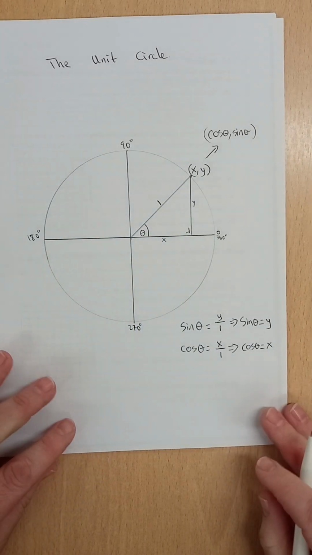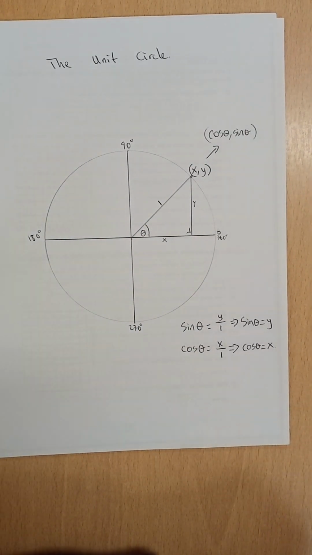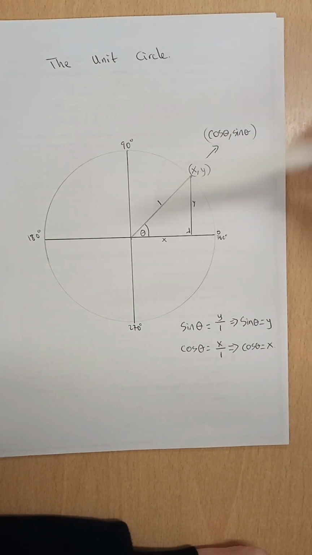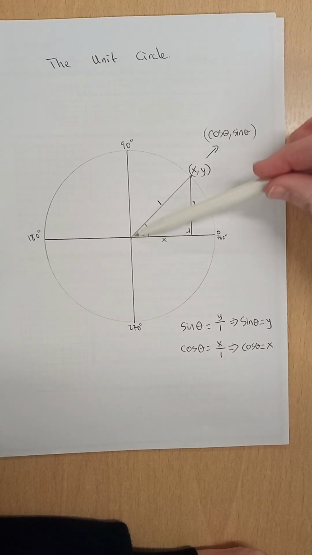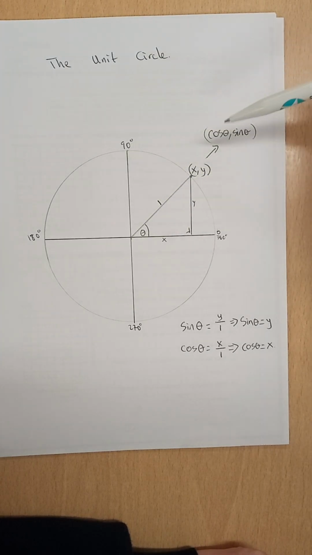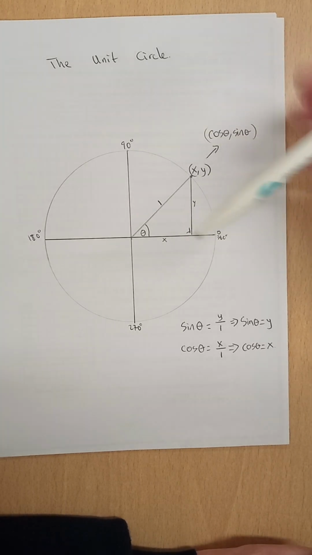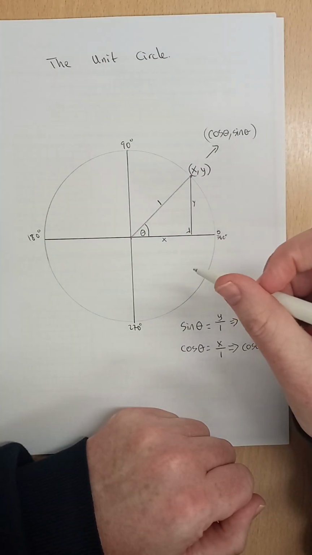Now, that is very important because, as you might be aware, any coordinate in terms of x and y in this first quadrant will be positive, because these are all positive numbers and these are all positive numbers, which means that the cosine and the sine of any angle between 0 and 90 degrees has to be positive.